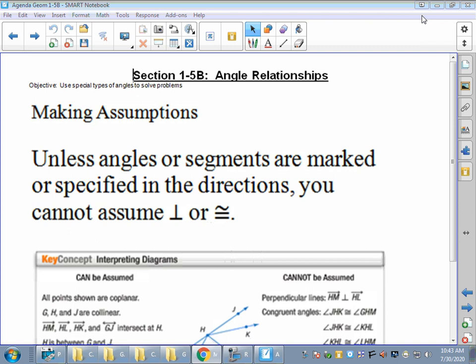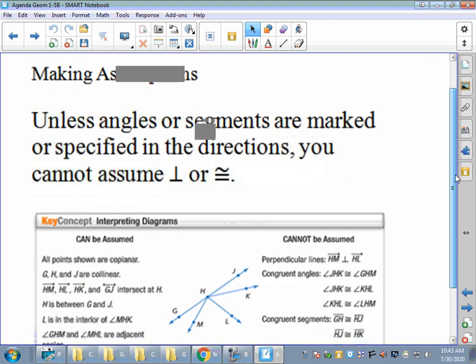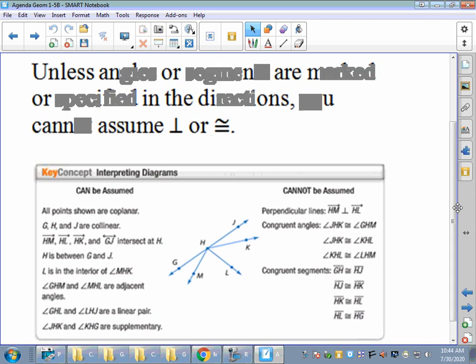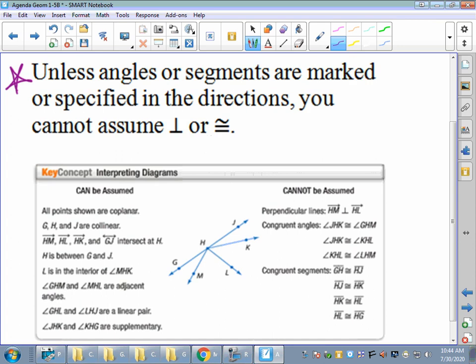So, I don't want to take a ton of time talking about making assumptions, but here's the big part of this. Unless angles or segments, those two big things, are marked or specified in the directions, so either you've got congruence or betweenness of points or any of those kinds of things.